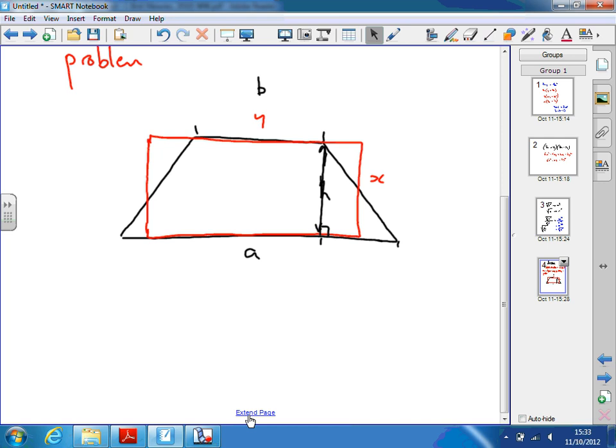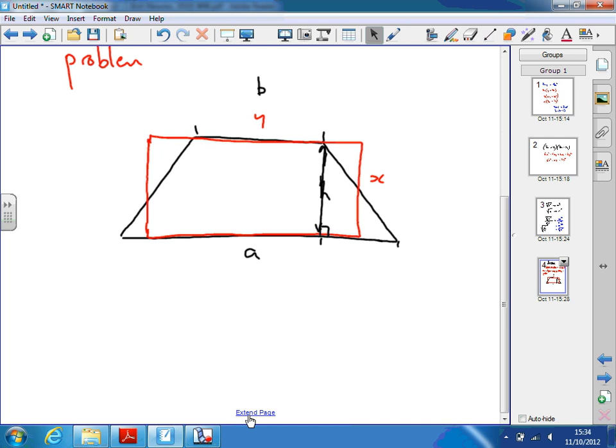A plus B equals 2Y, right, so Y equals A plus B over 2, or half of it. How did you come up with that, Wilson? Yeah, that's right.